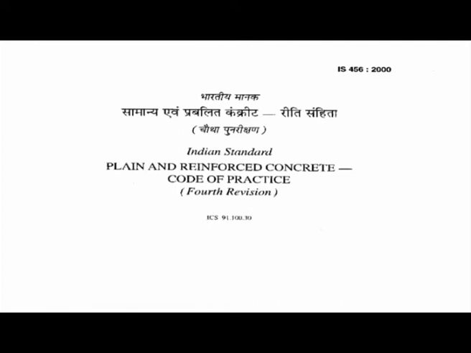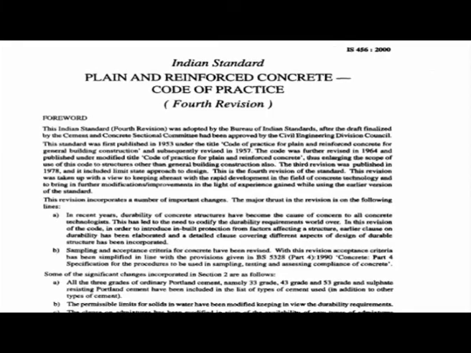Let me show the code which we follow for reinforced concrete design. This is the code. I have already shown the first page, the plain and reinforced concrete code of practice, and this is the fourth revision. The last revision was in 1978, and this one you see is IS 456:2000.